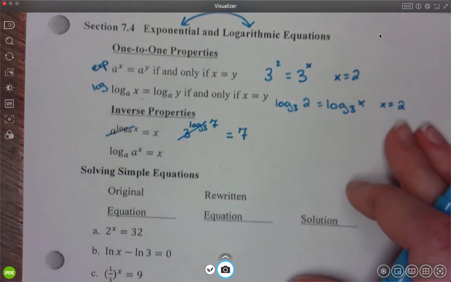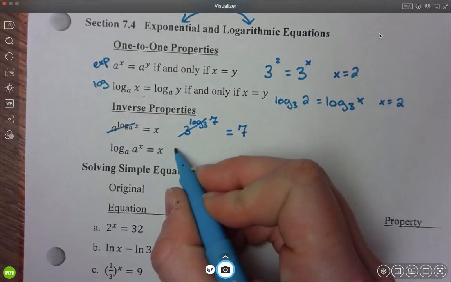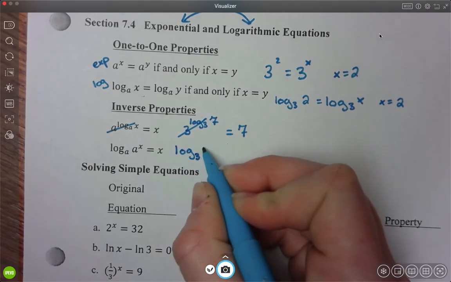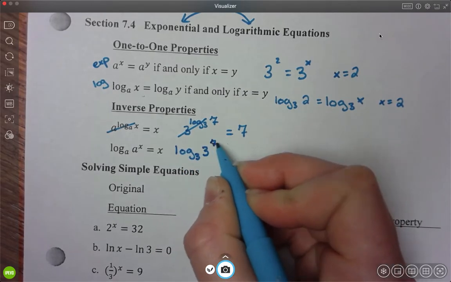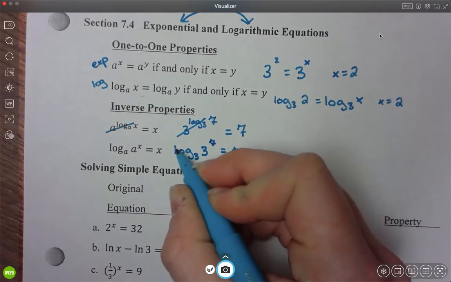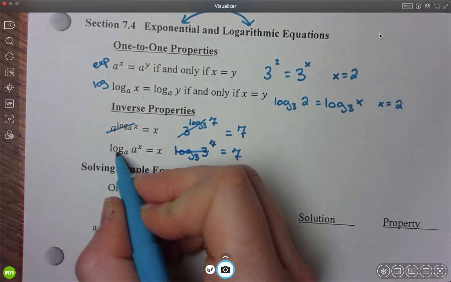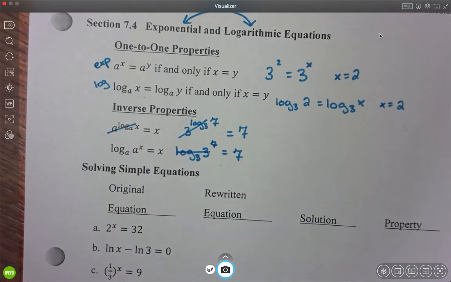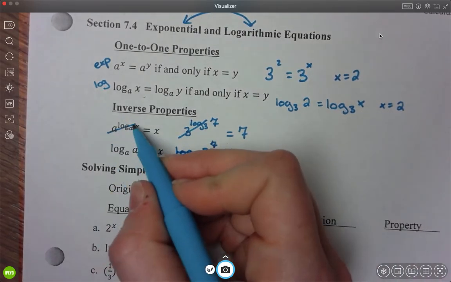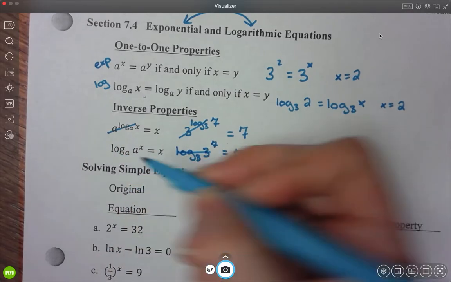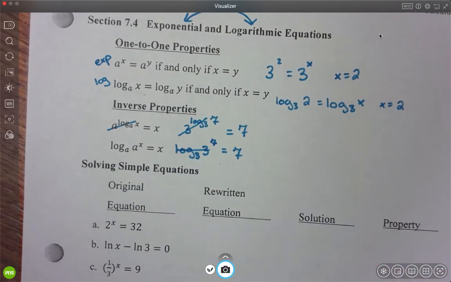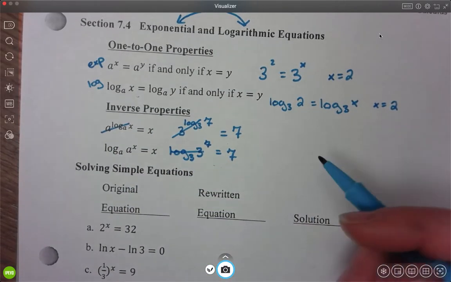Same thing if we have log base 3 of 3 to the 7th power. That would be equal to 7 because those two are going to cancel with each other. So this starts with a log first and then has an exponential function. Starting with an exponent, then you have a log. Starting with a log, then you have an exponent. Those two things will cancel out with each other, and then you'll just have the part that's left over.